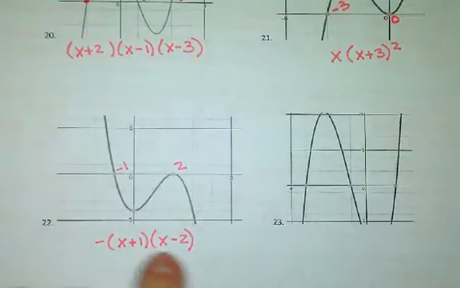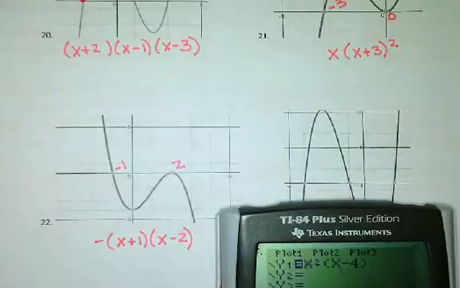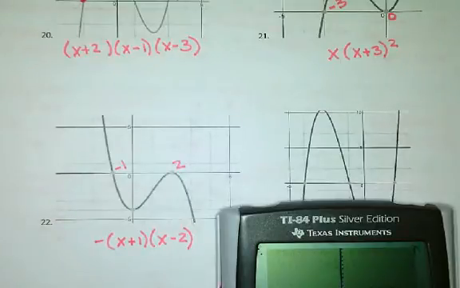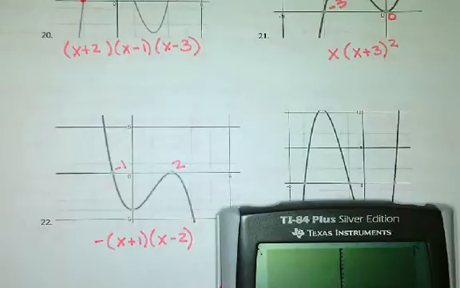But I'm kind of thinking, which one do I need to square? So I'm going to go to my calculator, type it in, and square the first one first. And I'm going to see if it looks like this graph. Okay, and I just noticed I do need to insert a negative there because it was falling. So let me go back and look at that.